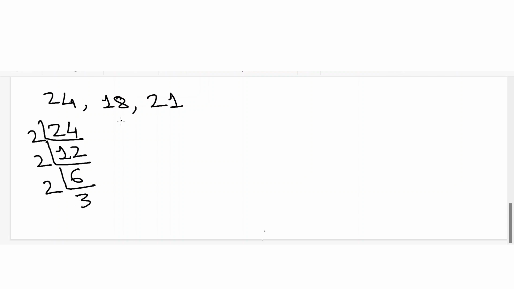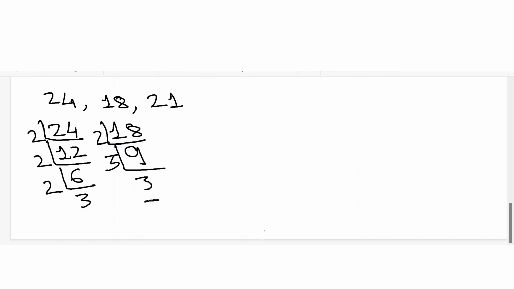Next number is 18. 18 being an even number will always be divisible by 2. So 18 divided by 2 equals 9. 9 is divided by the first prime number 3, other than 9 itself and 1. So 9 divided by 3 equals 3.